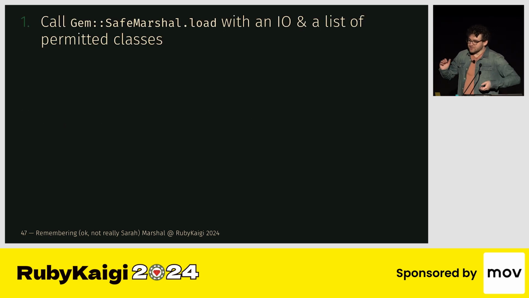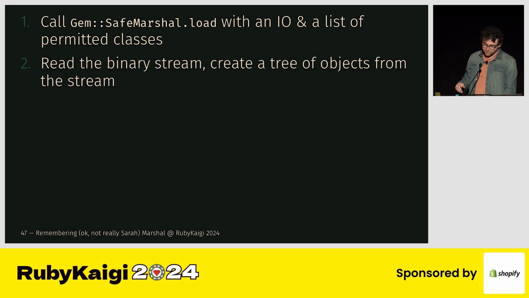And the way it works is a little like this. We call a new method instead of Marshal.load, Gem::SafeMarshal.load. We pass it an IO and a list of permitted classes. We parse that stream and create a tree of objects out of the stream.